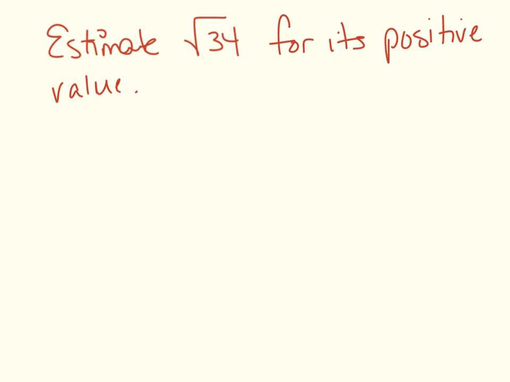Not all square roots are perfect squares. Sometimes we need to estimate the square root of a number. Now in today's age, we use calculators or our phones and can figure out the exact value. But mentally, it's important to be able to estimate a value. When estimating a square root, you try to find two perfect squares that it fits between.